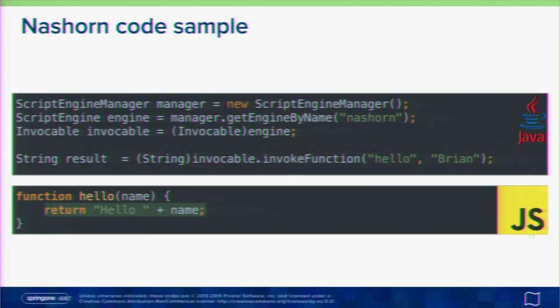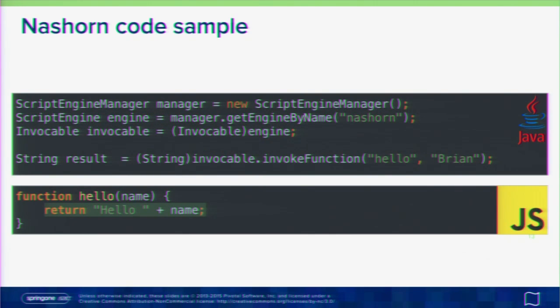So here is an example of how to use Nashorn to run some simple JavaScript code. We first instantiate a new script engine instance specifying the Nashorn engine name. It's here that you could specify Jython or JRuby. We assume the script engine implements the Invocable interface, since Nashorn, Jython, and JRuby do.